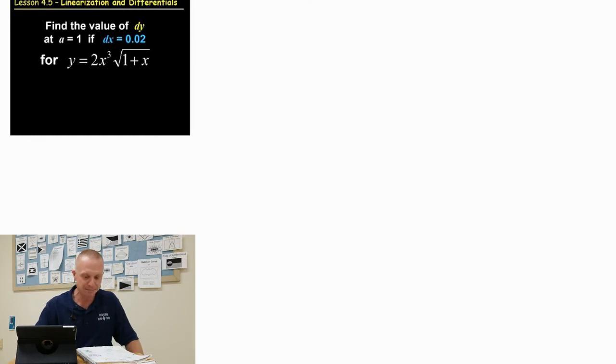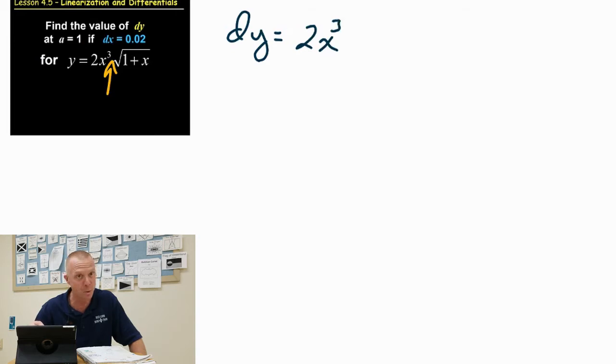So let's try it. Now, I'll do the derivative. That is, we'll find dy. And we do have to notice that to find that derivative, we're going to end up using a product rule. So I've got to work through that product rule no matter what. So that's going to be the first times the derivative of the square root.